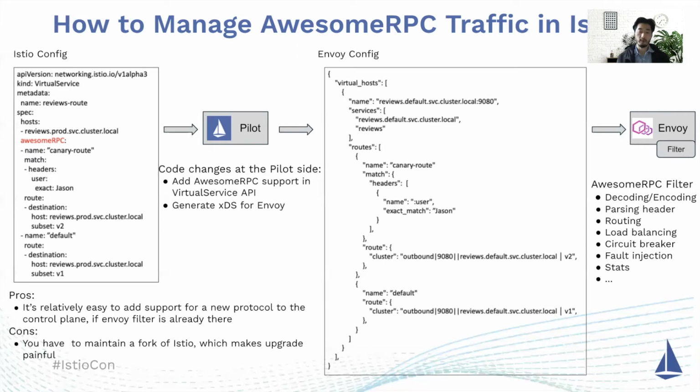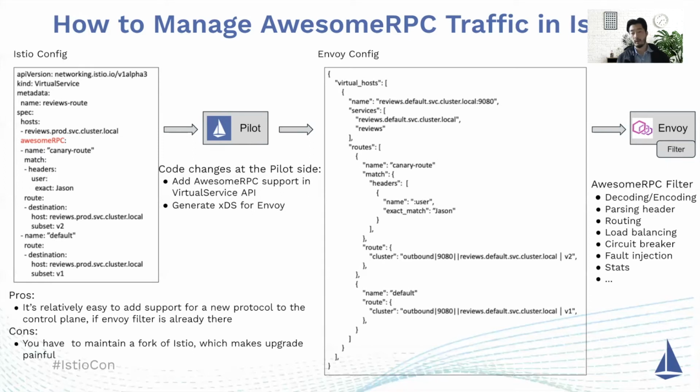We can say that it's relatively easy to add support for the new OpenRPC protocol to the control plane, given that the Envoy filter is already there, it's already supported.